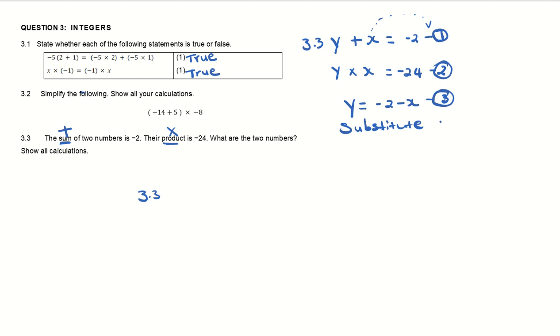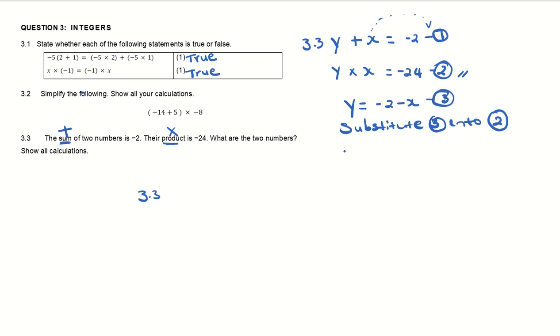So you want to substitute equation 3 into equation 2, the one we didn't use, okay? Let's write out equation 2, substituting equation 3 into it.